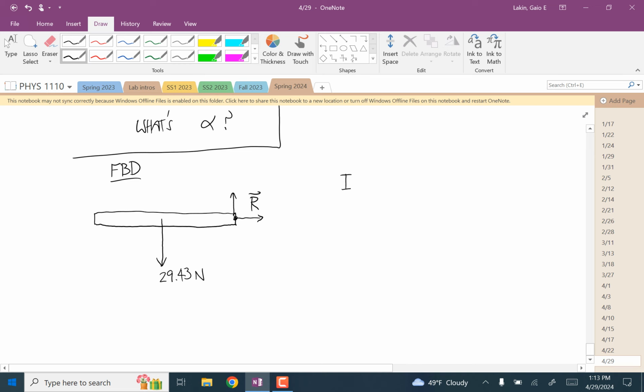The moment, so I'll call that point A. The moment about that fixed point A is 1/12 times the mass times 1 squared plus 0.1 squared, so that is 0.25. No, it's not.